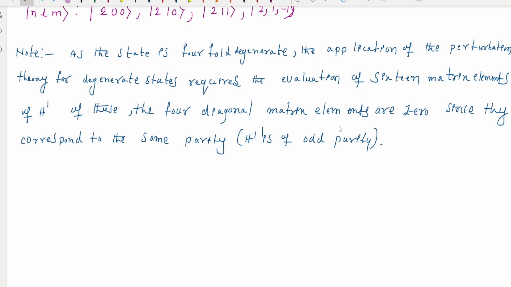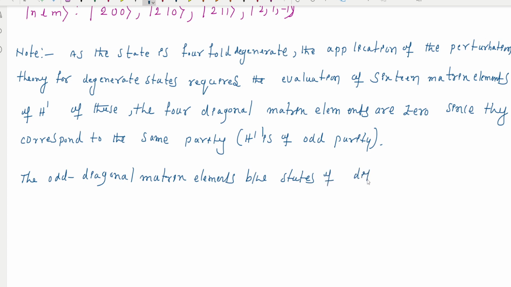The remaining 10 are also zero. Then the off-diagonal matrix elements between states of different m values, this is very, very important.